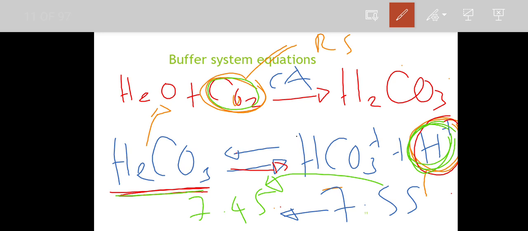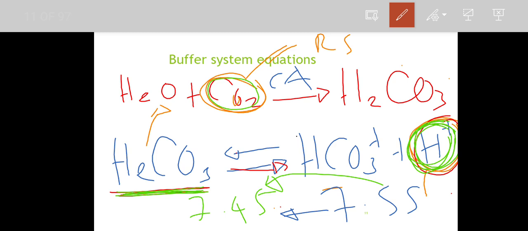Okay, and then if we are lacking hydrogen ion in the body, then we need to dissociate this. We need to break this down so that we can have a lot of hydrogen ions in cases of alkalosis, meaning we have low acidity. You get that? This is a simple buffer system. These are simple buffer system equations.